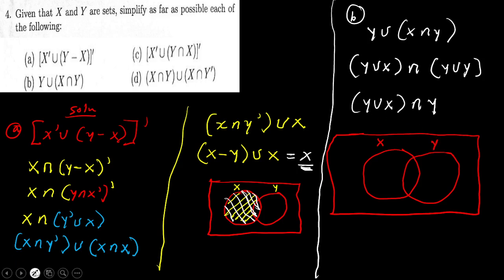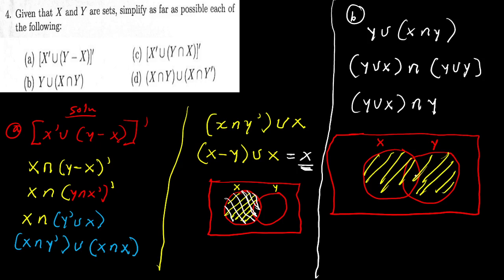So from here, if we were to sketch y union x, it is just simply the combination of set x and set y. Then from this same set, we can show set y.